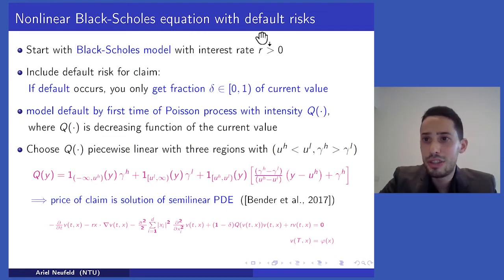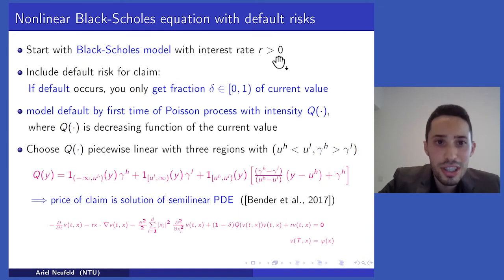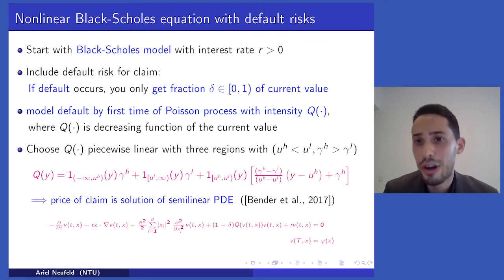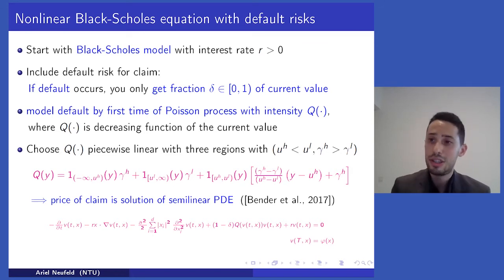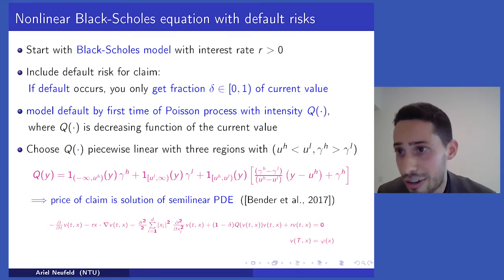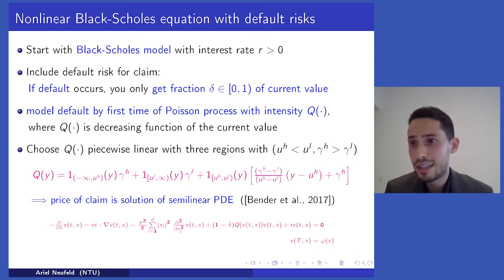Let me introduce to you the following example, which is the nonlinear Black-Scholes model with default risk. This is not a model which we developed. This is a well-known model in credit risk and in financial derivative pricing. But we use this one to demonstrate that the algorithm works very well.